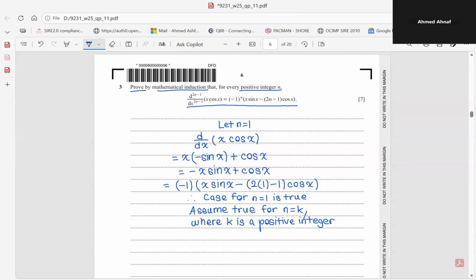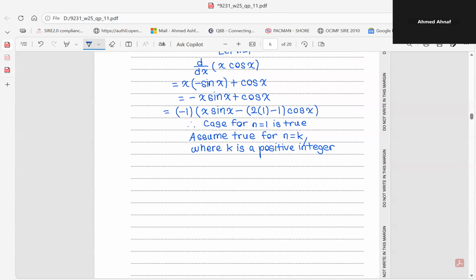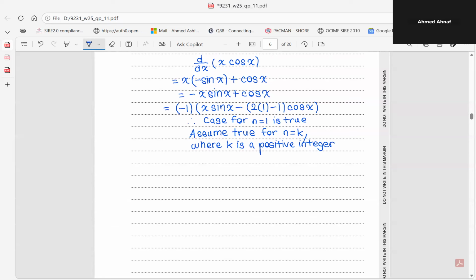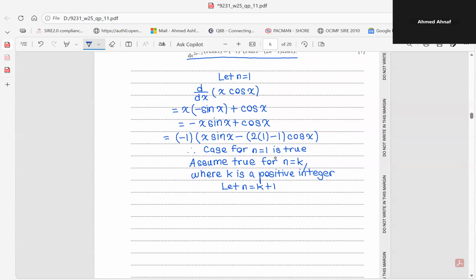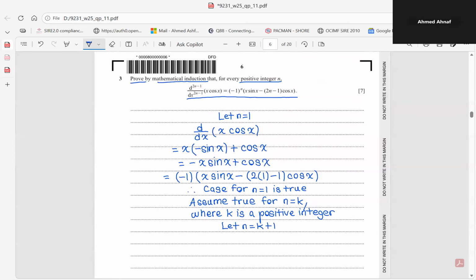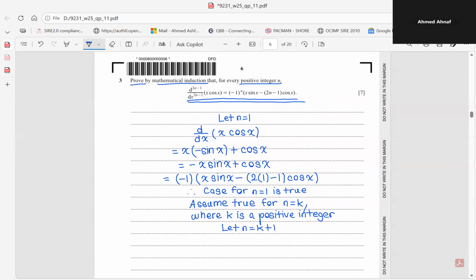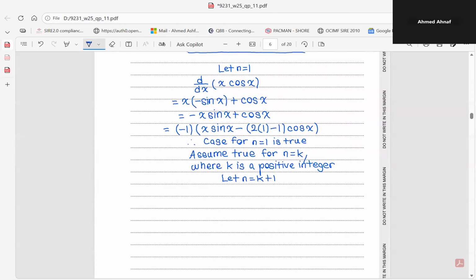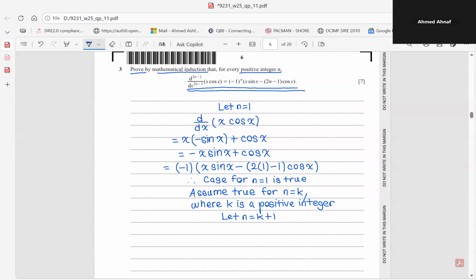And now this is where the main part begins. Now you're gonna have to let n equals k plus 1. So you already made your assumption that this whole thing, when n equals k, is true. So when you let n equals k plus 1, you're gonna have to use the case where n equals k.